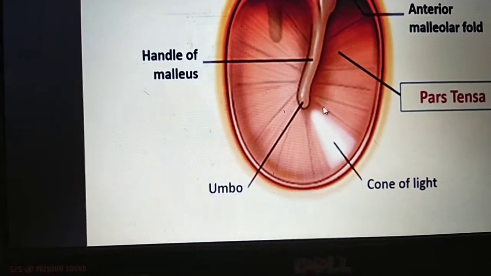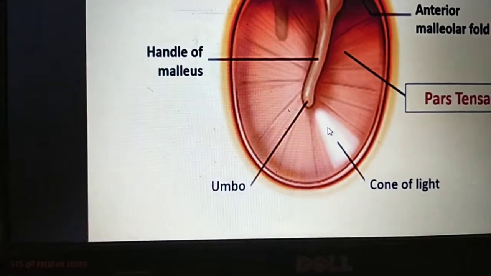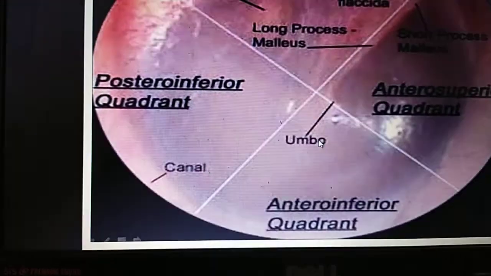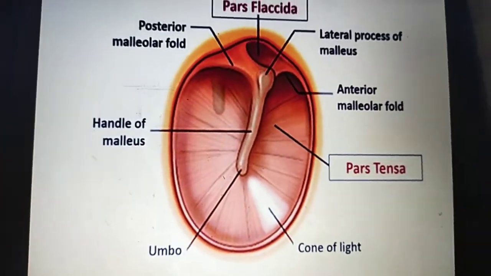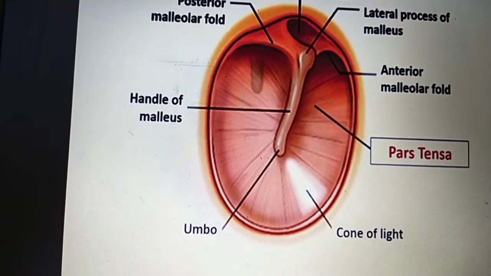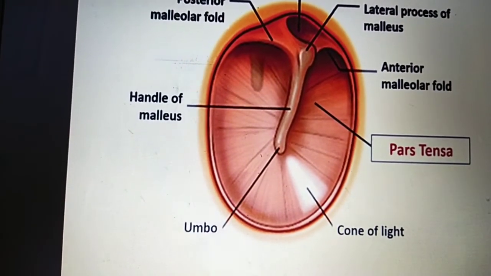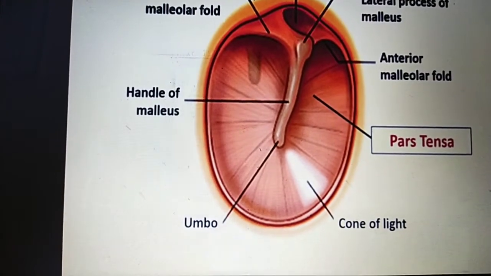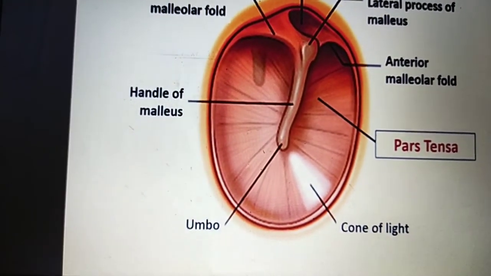Now we can go to the cone of light, or light reflection. It is a visible phenomenon which occurs upon examination of the tympanic membrane with the otoscope.